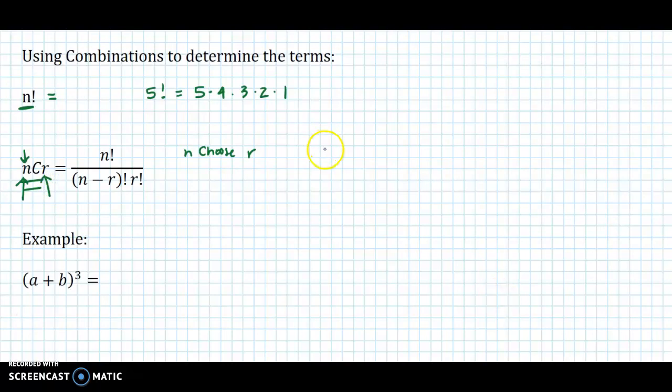So maybe I have 5 total numbers in my set, and I want to choose 3 of them. So to come up with all the possible combinations that I could choose 3 of them, I would say 5 exclamation point over 5 minus 3 exclamation point times 3 exclamation point, which is 5 exclamation point over 2 times 3.